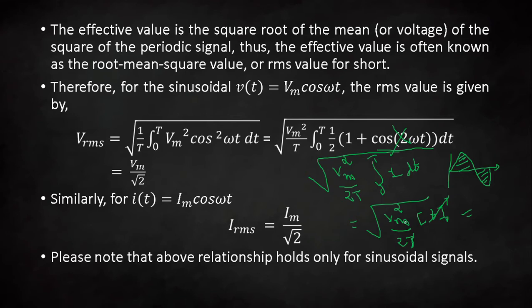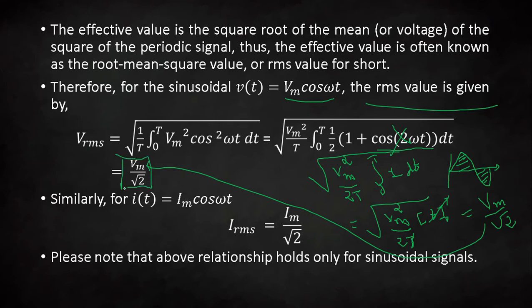Taking the square root, Vm square becomes Vm and the square root of 2 is root 2. That is what you can see right here. So your V RMS value, when your sinusoidal voltage Vm cos omega t is applied, is V RMS equal to Vm divided by square root of 2.